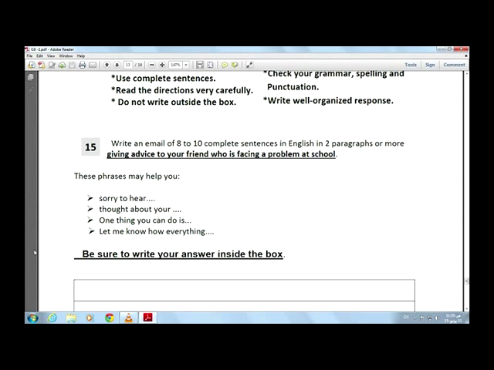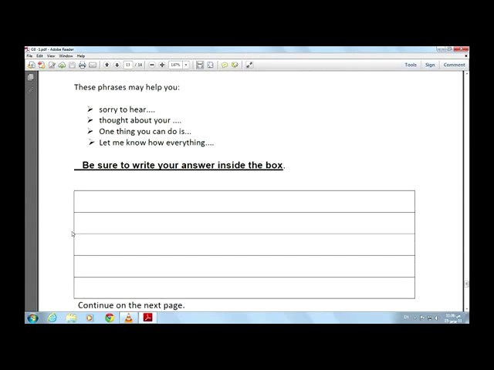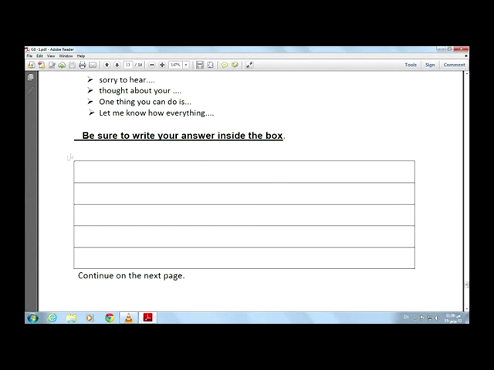They will give you phrases that may help you, for example, sorry to hear, thought about, one thing you can do is, let me know how everything. As we said, for the email, there are general steps you have to follow to write it inside the box. Look, this is the box, and they ask you to put your answer inside this box.